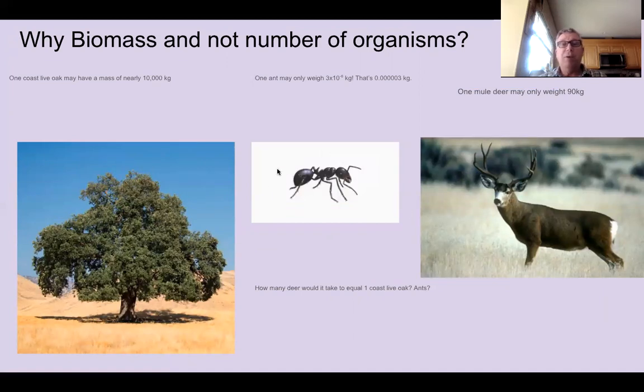But if you take all the insects and the birds and the other things, the grasses, it's going to be more than the mule deer combined, right? So we might have, I don't know, maybe 1,000 kilograms of insects and birds and things, but the mule deer, the things that feed off the grasses, will be a lot less.